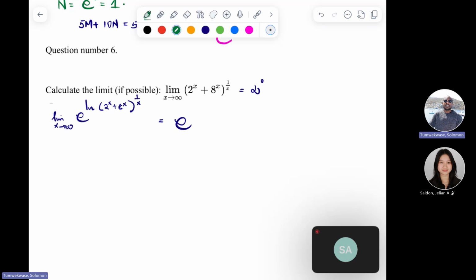Let me write it in green maybe. Limit as x approaches infinity of, remember this guy can drop here, so I'll have natural log of 2 to the x plus 8 to the x, then the whole of it over x.